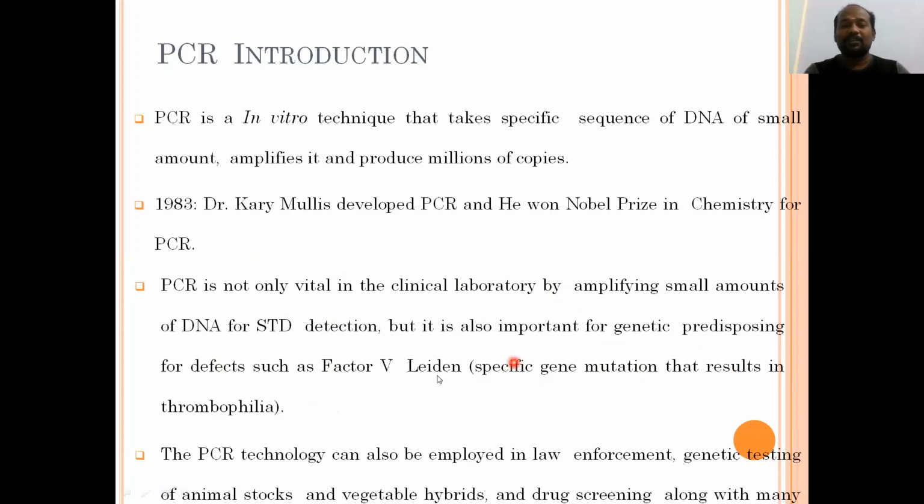PCR is not only used in medical sciences, it's also used in forensic sciences, in law enforcement, and also genetic testing of animal stocks in animal sciences and agricultural sciences in the case of vegetable hybrids, and also in pharmaceutical sciences like the drug screening process.